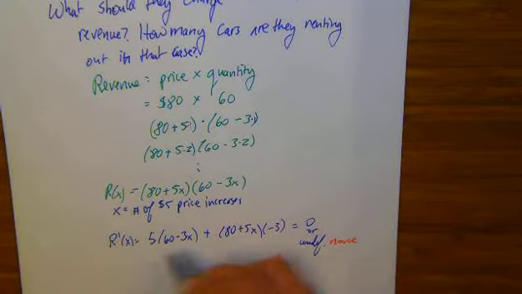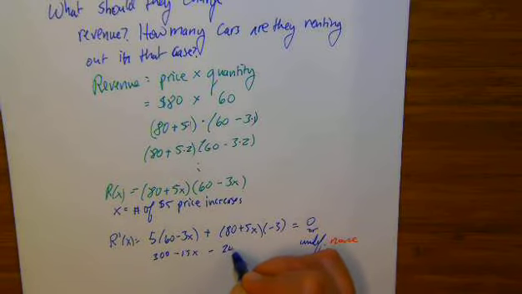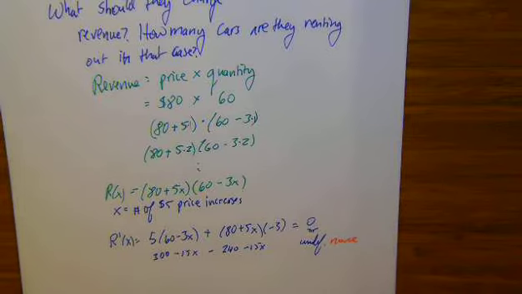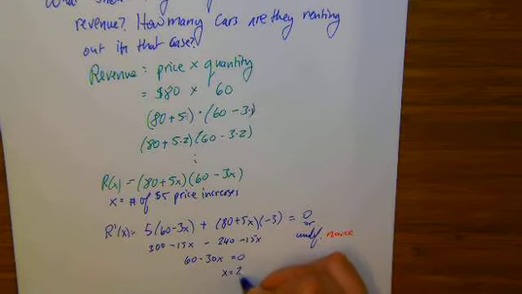But distribute, so this will be, what, 300 minus 15x minus 240 minus 15x. Okay. And so adding like terms here, what will you have? Okay, equals 0. And so then x is equal to 2 is our critical point.